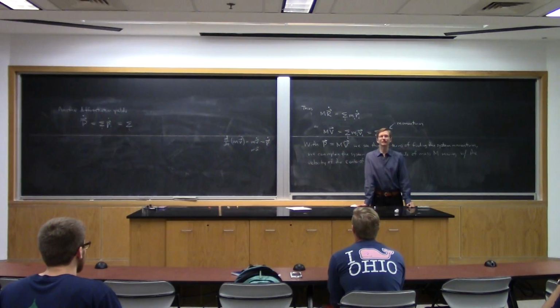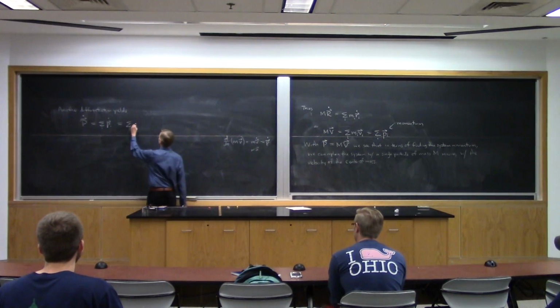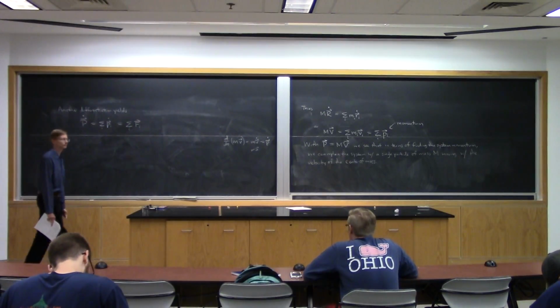You'd probably more instantly recognize that ma would be equal to what on the particle? The force. So force is rate of change of momentum is another way to state Newton's second law. In fact, it's more fundamental than ma. So this is the sum of the forces on all the particles.